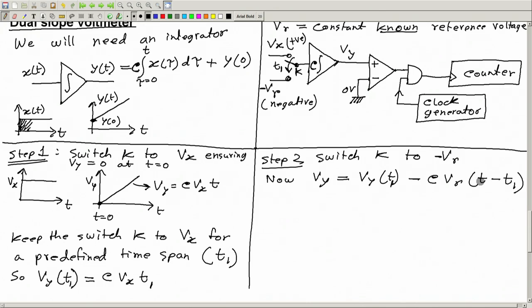As t increases beyond t1, this value will continuously decrease. Let me also put the starting value from here, which is c Vx t1. So this is the starting value, and then now it is decreasing. The question is, when will Vy be equal to 0?